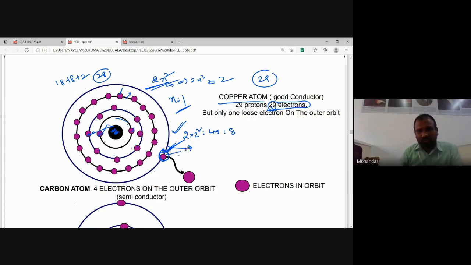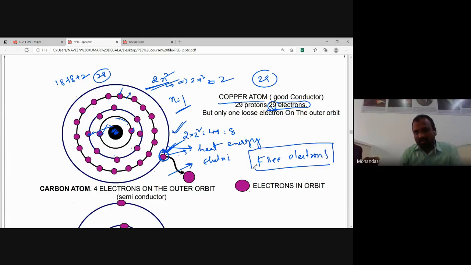So whenever you apply heat energy or some electrical energy to a particular atom, these electrons may come out from the outermost shell and it becomes a, which electron, Amma? It becomes a free electron. Okay.